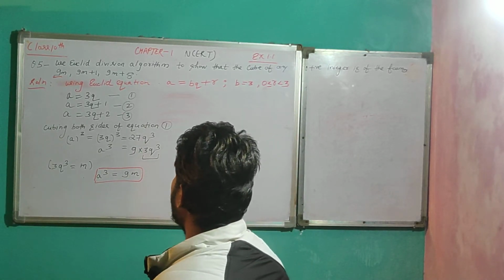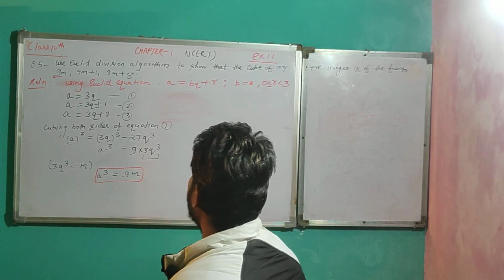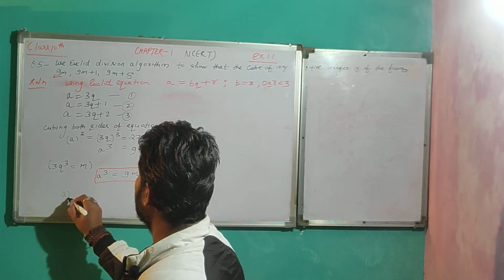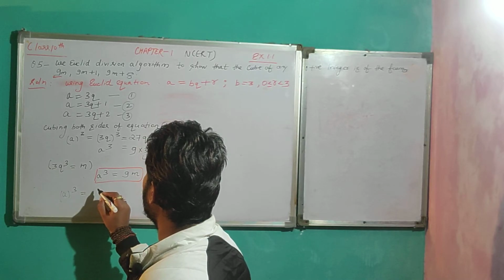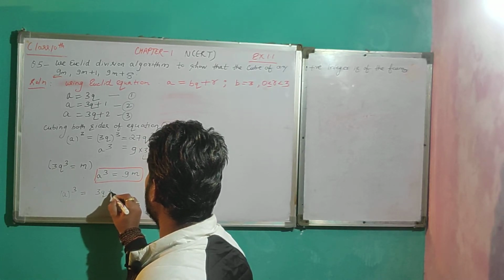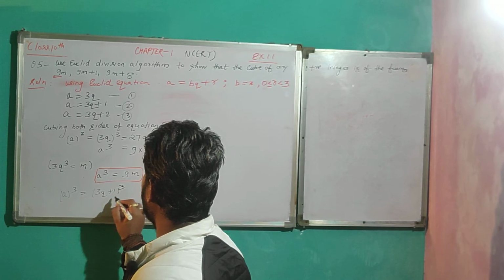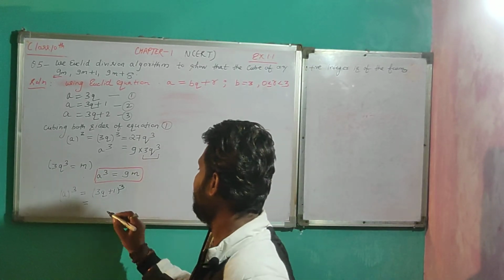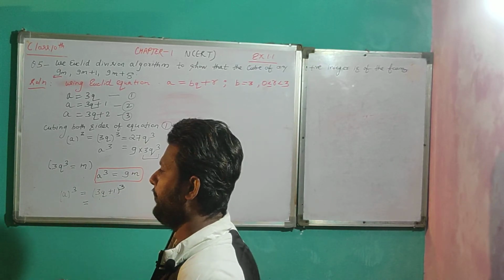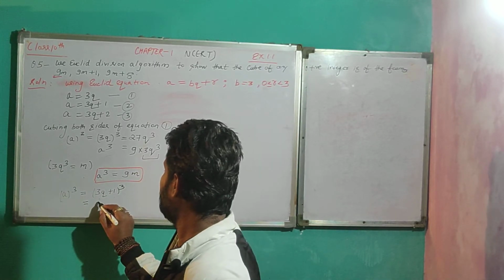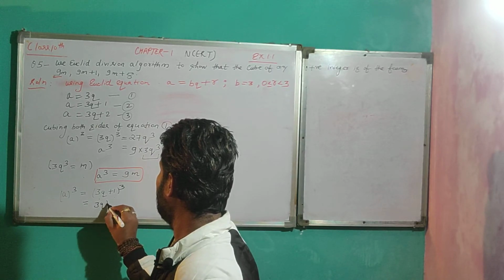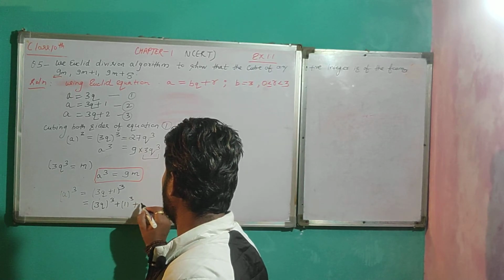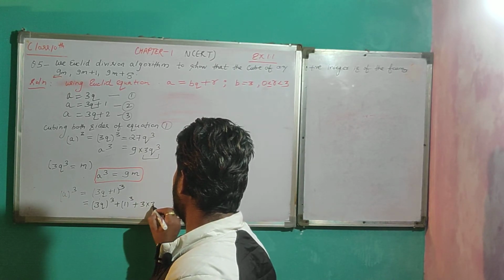Now, second one. Cubing both sides of equation number 2, we get a cube is equal to (3q + 1) whole cube. We know the formula of (a + b) whole cube. What is that? a cube plus b cube plus 3ab bracket a plus b.